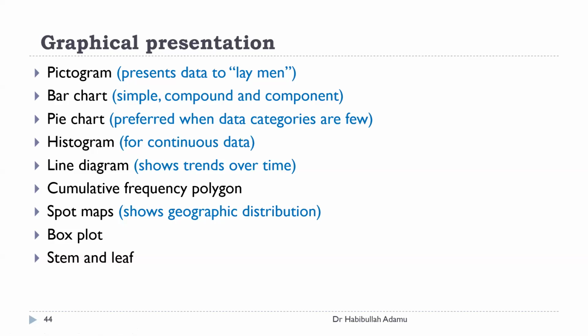Cumulative frequency polygon, box plots, stem and leaf, these ones are not commonly used, but spot maps, yes. If you are looking at an outbreak, the distribution of cases within the community, you can actually use that, but that one is for another time.